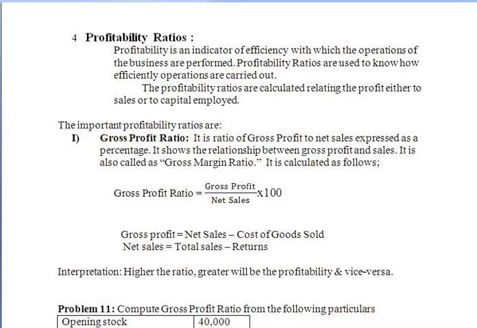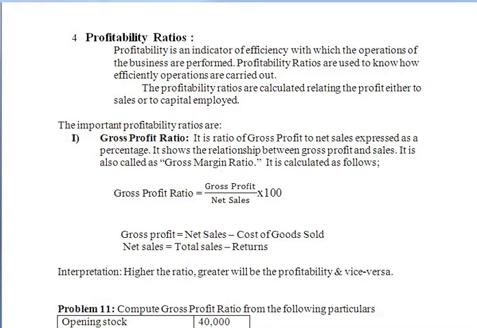And the first profitability ratio is the gross profit ratio. There are several profitability ratios which we are going to study today. The first one is the gross profit ratio. Gross profit ratio is the ratio between gross profit and net sales, and it can be expressed in the form of percentage.